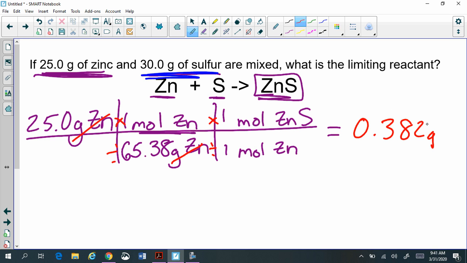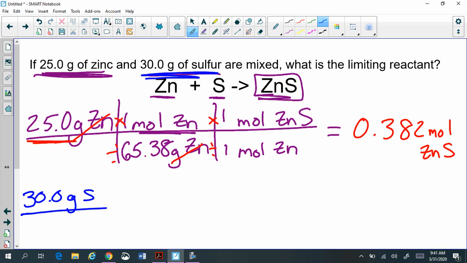Oh, no, not grams, moles of ZnS. So what that tells me is if I start with 25 grams of zinc, I can make 0.382 moles of ZnS. We're going to do the same exact problem now, except we're going to start with our 30.0 grams of sulfur. And here's the key.